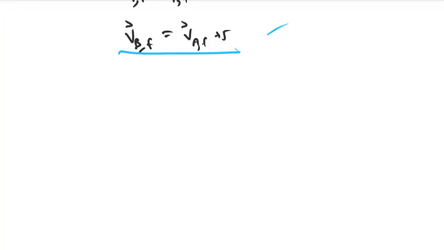So conservation of linear momentum. This means our initial momentum of the system is equal to the final momentum of the system.